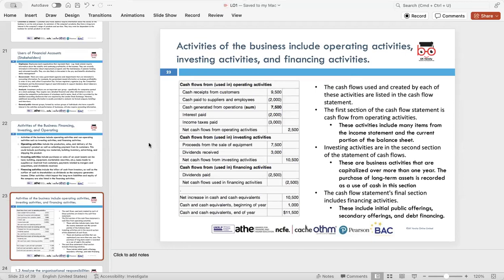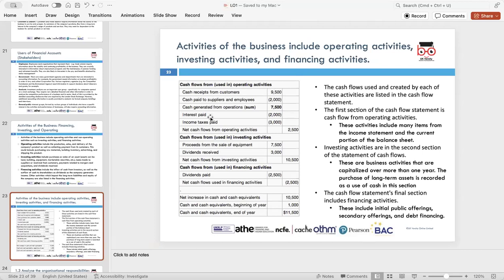Here is more explaining about activities. There are three types of activities that make up the business: operating activities, investment activities, and financing activities. So, the cash flow statement includes a listing of the cash flows that are utilized and generated by each of these business activities.